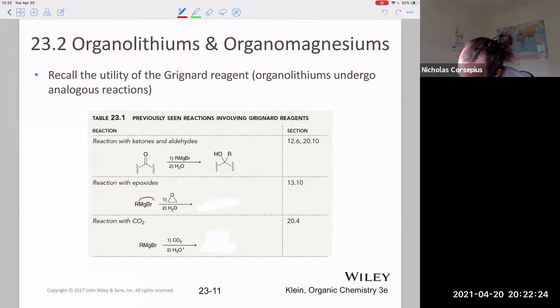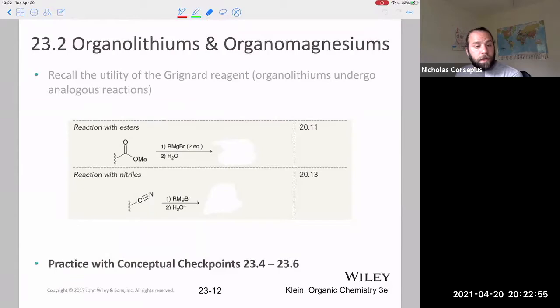What happens is this guy goes and attacks this carbon, and then that ring opens up. So again, we have an alcohol group, but importantly, our Grignard's R is located two carbons away, as opposed to being directly attached up there. What about with CO2? This is one that we learned about specifically. It will actually create a carboxylic acid when a Grignard reacts with carbon dioxide.